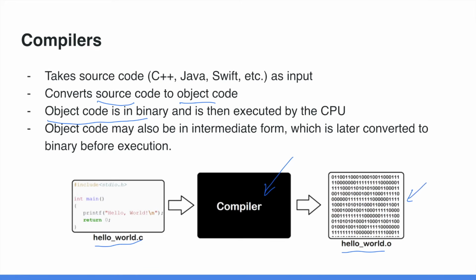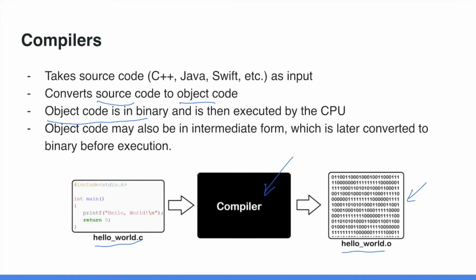So as we said, this is an example of object code, and this is something we can send straight to the CPU. Now, depending on how the compiler works and the language works, object code may also be an intermediate form. So object code may look different from this hello world.o, and it may need to go through another step to be converted to binary.